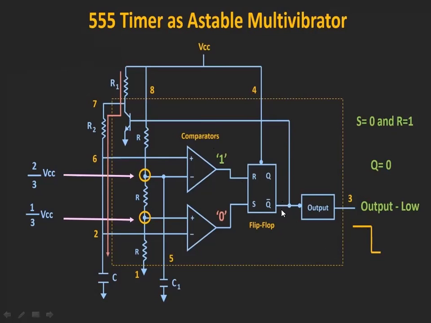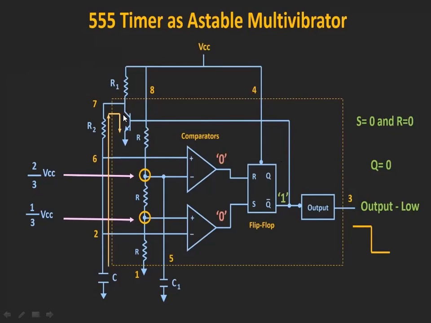Next, one thing you have to observe here. Now Q bar is 1. When Q bar is 1, this 1 is applied to the base of this transistor. When Q bar becomes 1, what happens? This transistor goes to the on state.